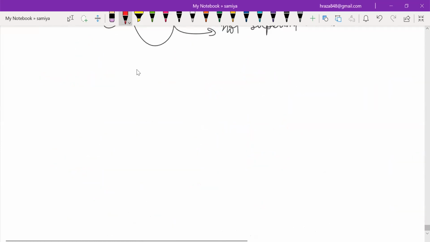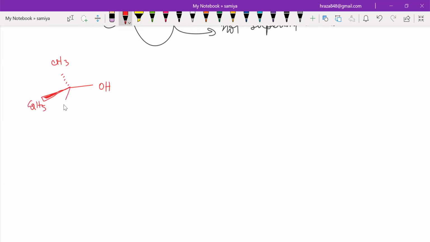Now we will take another example of a mirror image. This is OH, this we have CH3, and this is basically C2H5. This is butan-2-ol.